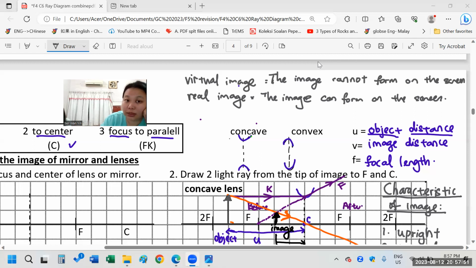You see your image right in the mirror. But your image in the mirror cannot form on the whiteboard, cannot form by projector. You cannot transform it on the screen. That's virtual. Then real means the image can form on the screen.